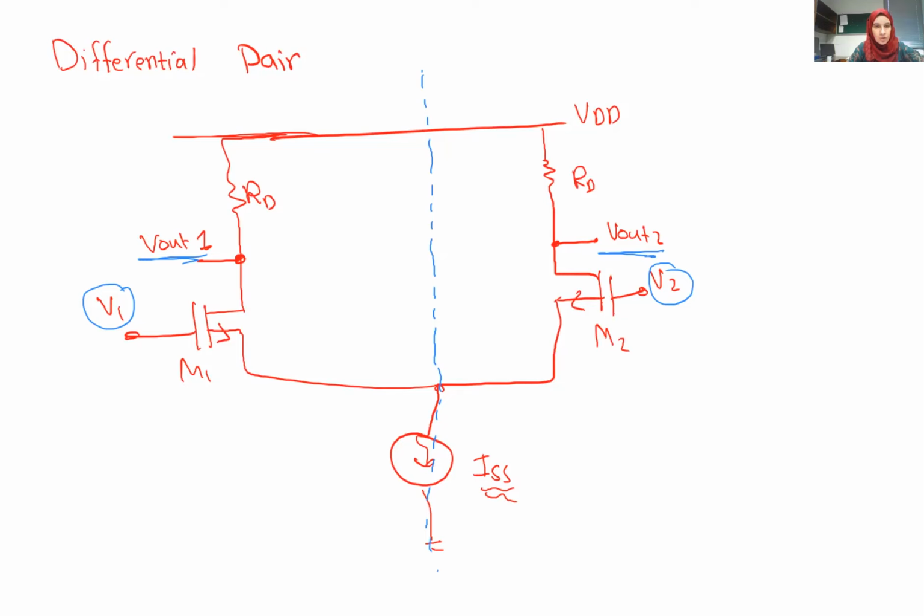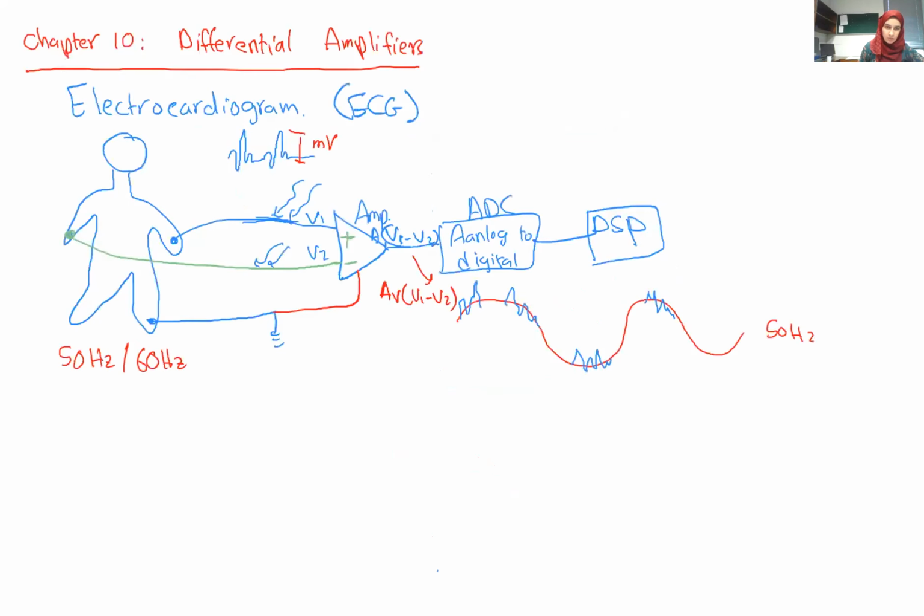From this amplifier, we will amplify the difference between those two input signals. Inside this amplifier, you can see that I'm taking two input signals, V1 and V2.